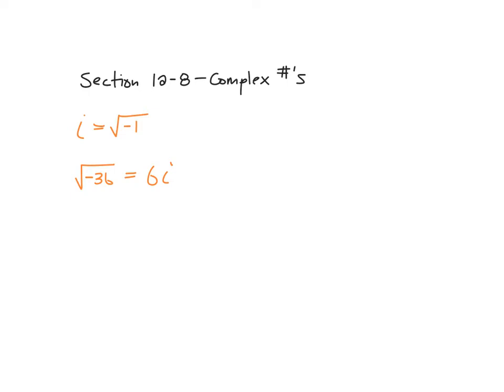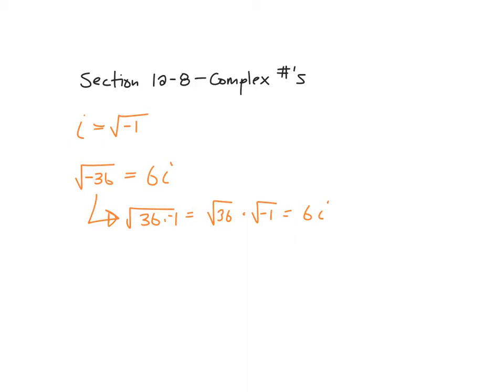Where that comes from is, if I look at the square root of -36 and break up the square root, that's the square root of 36 times -1, which is the same thing as the square root of 36 times the square root of -1. The square root of 36 is 6, and the square root of -1 is i. So that's where we get this piece here.